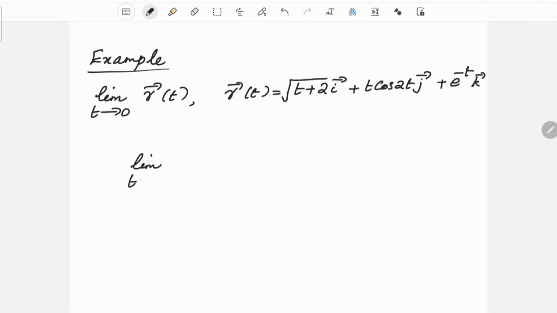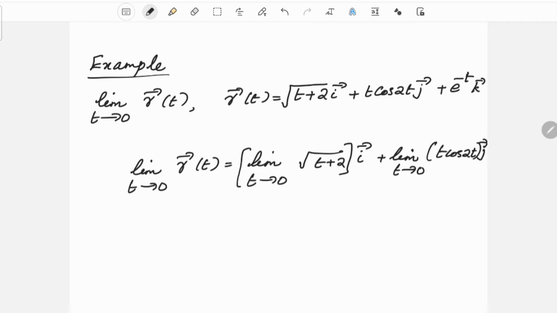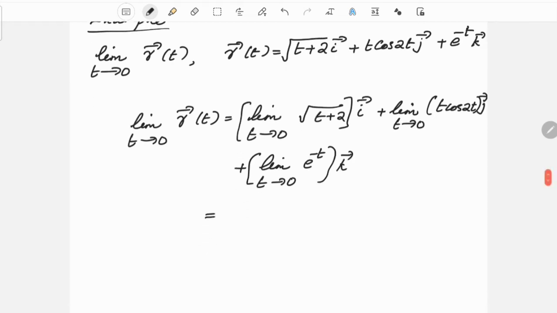Limit t tends to 0, r of t is equal to limit t tends to 0 root of t plus 2 i plus limit t tends to 0 t cos 2t j plus limit t tends to 0 e raised to minus t k, and this is equal to, as t tends to 0, root of t plus 2 goes to root 2, so root 2 i, plus t tends to 0 so 0 j, plus e raised to minus 0 is equal to 1, therefore k. So the limit is root 2 i plus k.